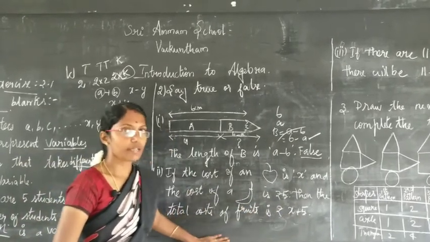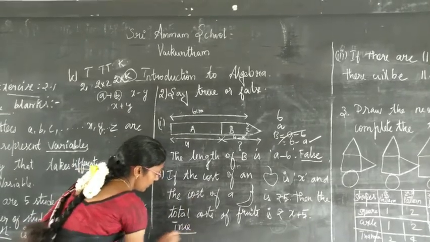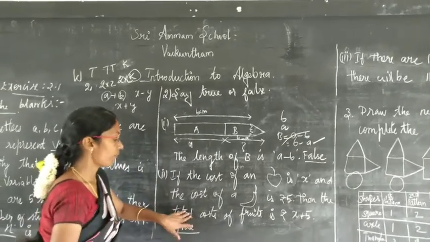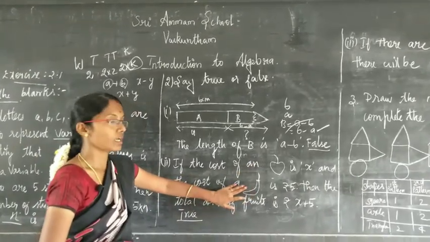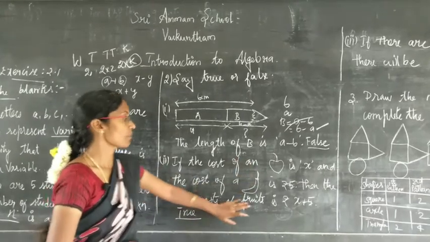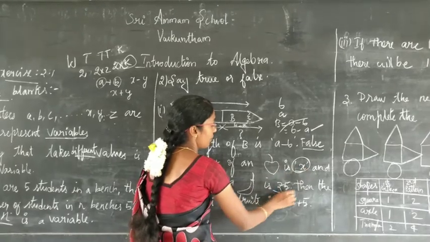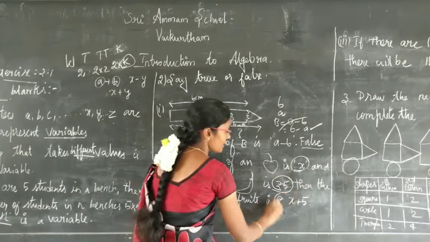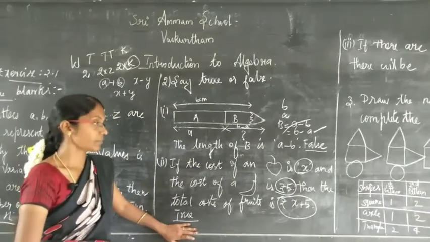Is this statement correct? Correct. True. Apple's cost is X and banana's cost is 5. So X plus 5. So this statement is true.